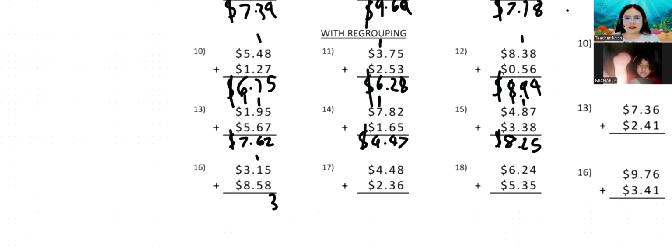Okay. Since that is the last number, you just need to copy. Okay, very good. Great. How about in number 14? Huh? I'm sorry. It's number 17.